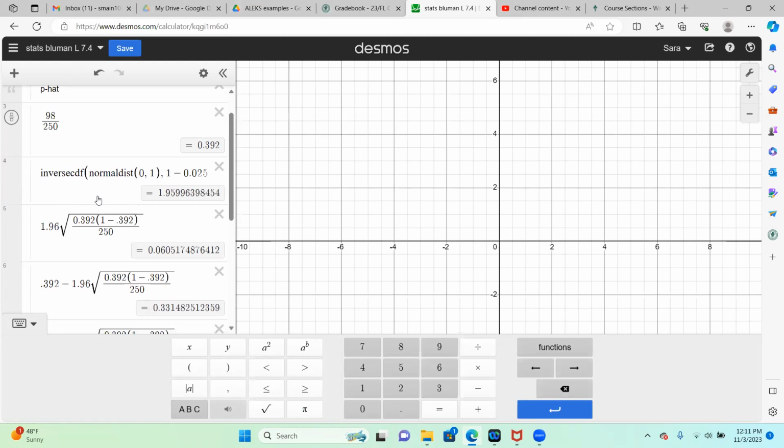I also calculated our critical Z because alpha is 1 minus 0.95. And so alpha divided by 2 is 0.05 divided by 2, which is 0.025. And right here, I'm just showing you that the Z for 0.025 is 1.96.